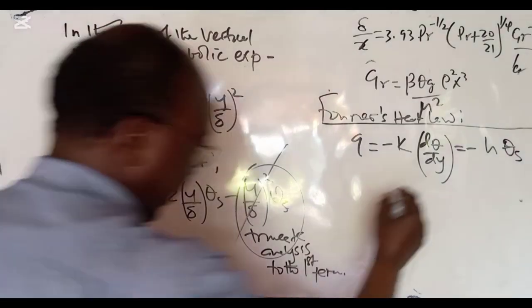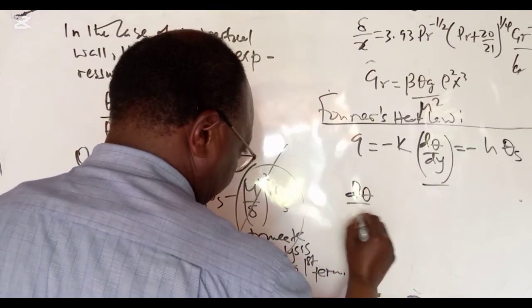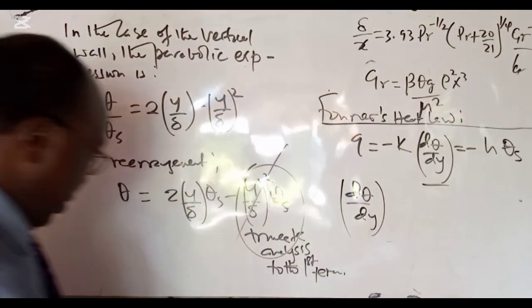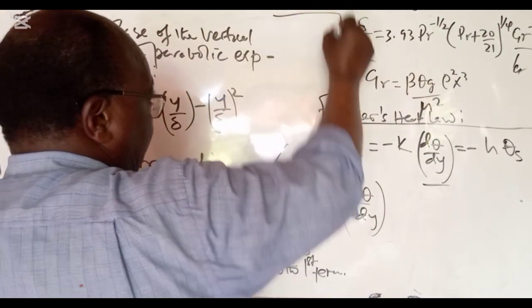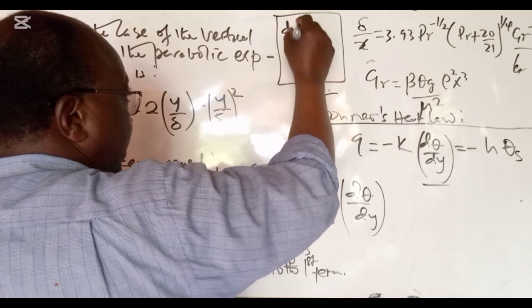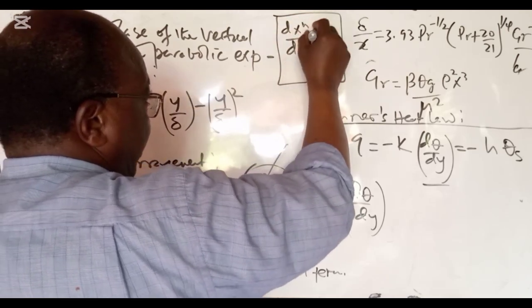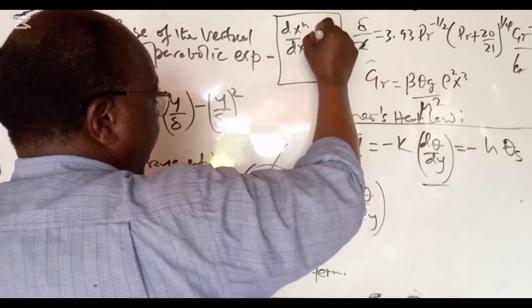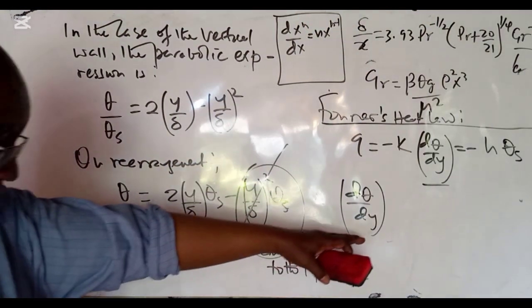So let's get the derivative. Therefore, if you take the derivative with respect to y for this particular quantity, remind yourself of the identity you're using there: the derivative of x^n with respect to x will be n x^(n-1). Don't forget that.